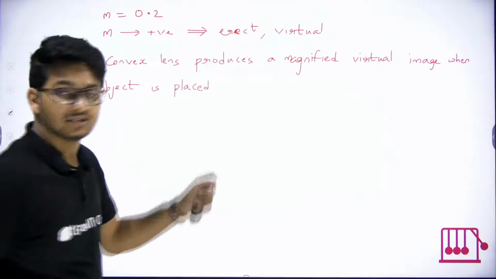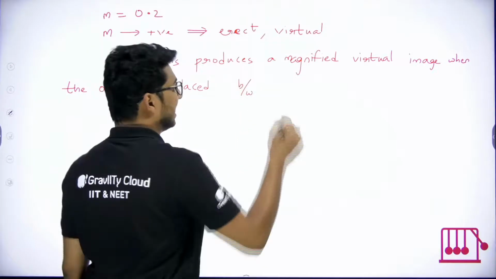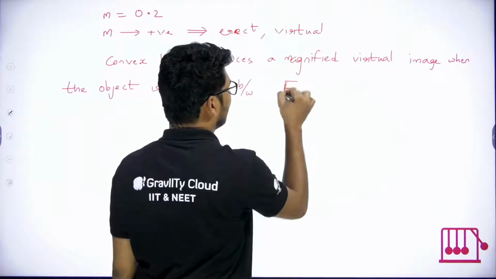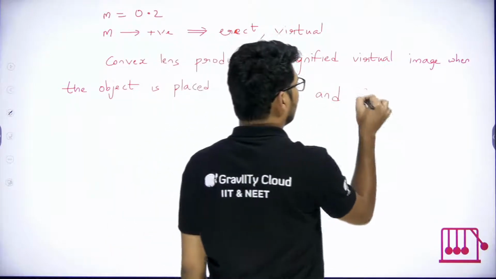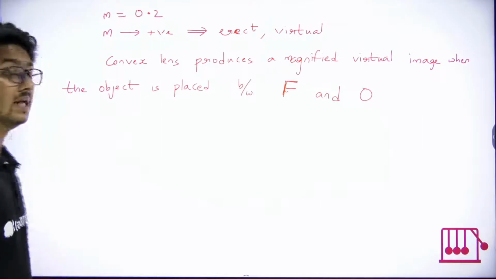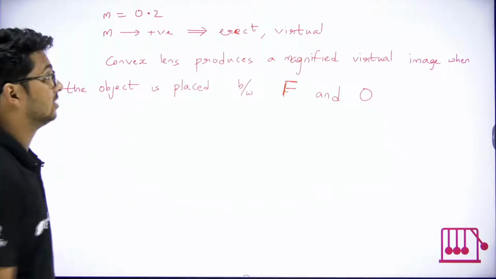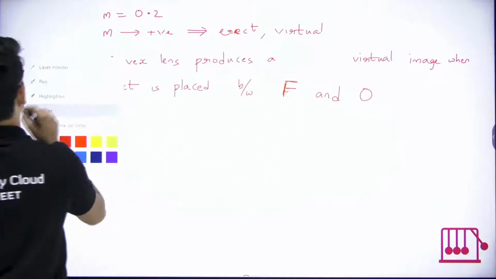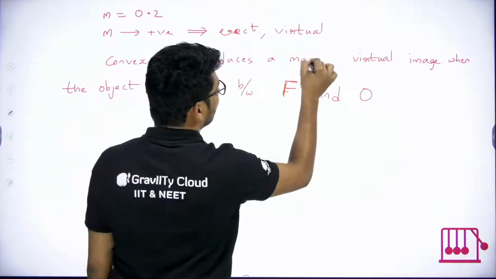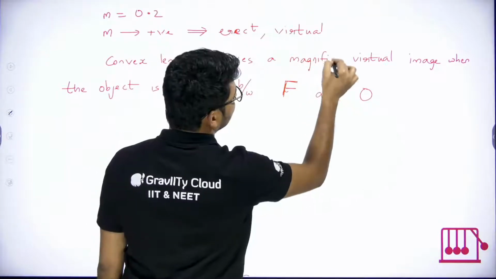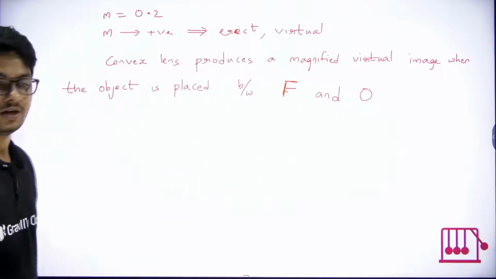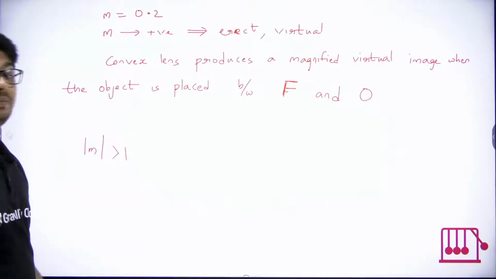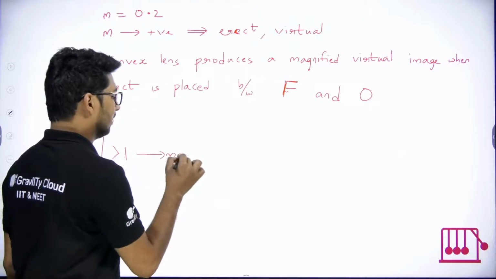When the object is placed between the focus, capital F, and the optical center O. Then you get a virtual image, but which virtual image? A magnified virtual image. What does magnified mean? It means the height of the image is greater than the height of the object. So the magnitude of magnification should be greater than 1 for a magnified image.